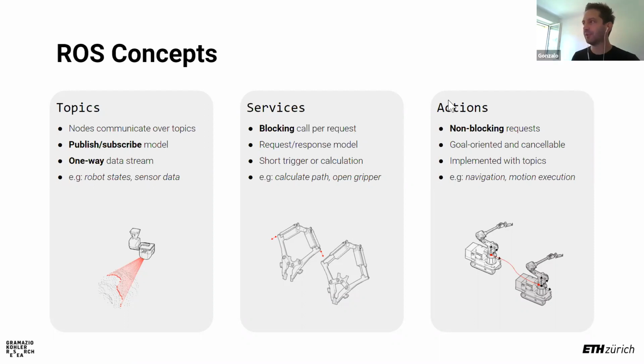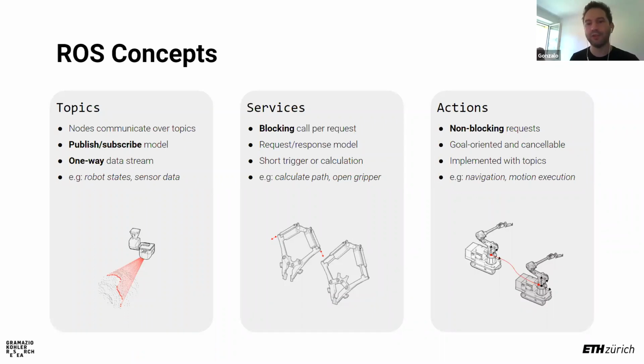In opposition, you have actions, which are similar, but they are kind of a mix between the two. They are non-blocking. So you ask for something, and instead of getting the control back when the action is over, what you get back is a token to either cancel the action or to get the results. So for example, if you do navigation, you say, now robot, you have to go there.